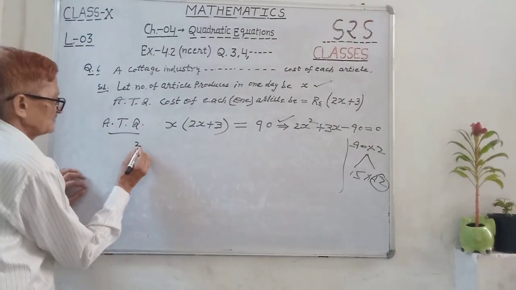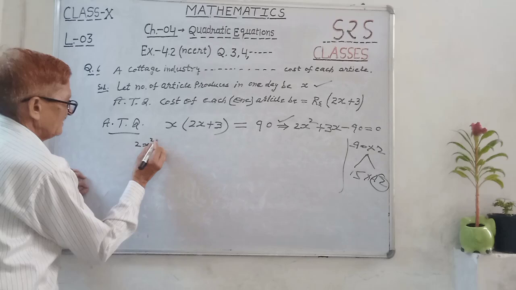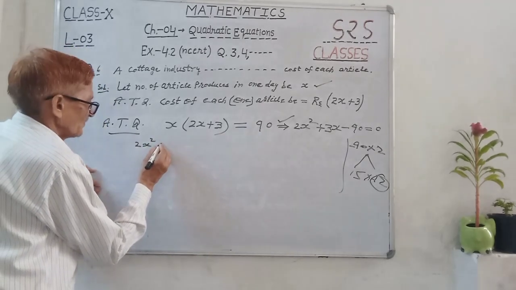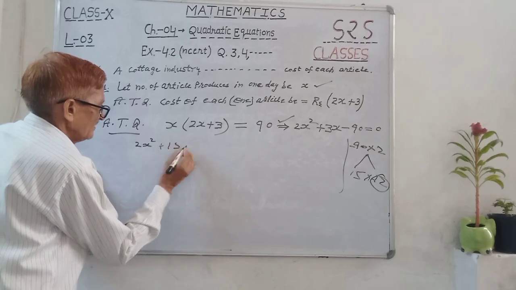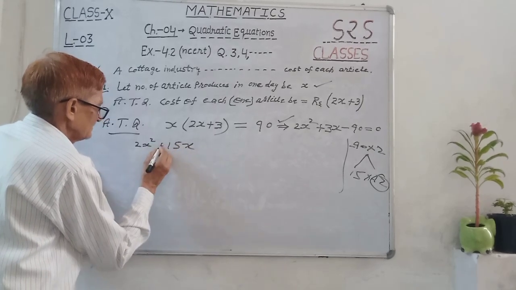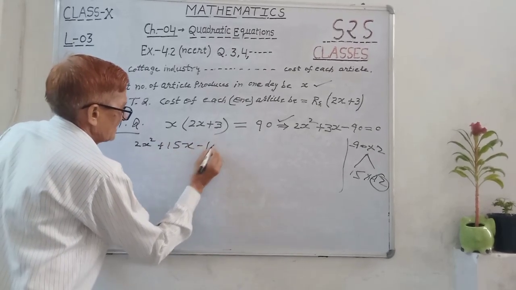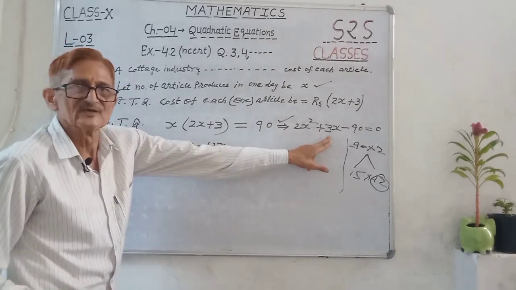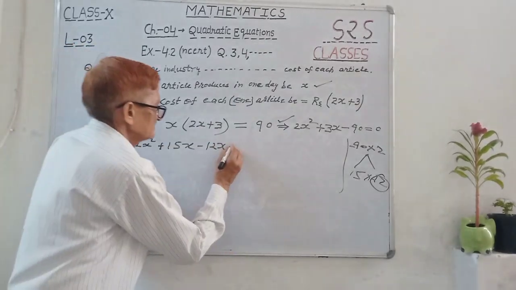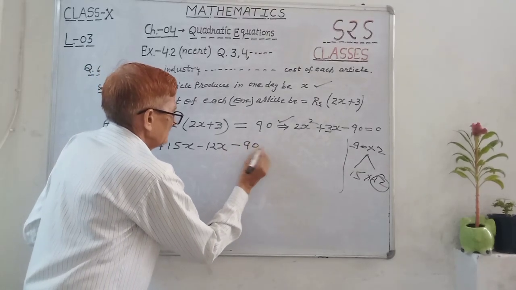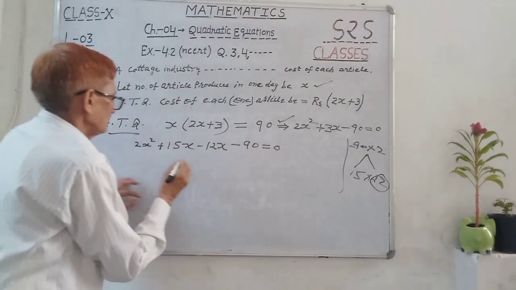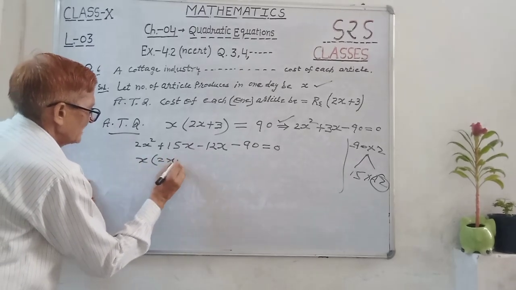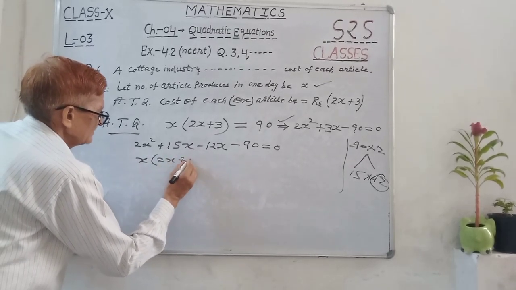Then it will come 2x square, and split the 3 into 2 factors, plus 15x minus 12x, minus 90 is equal to 0. Then x common, then 2x plus 15.